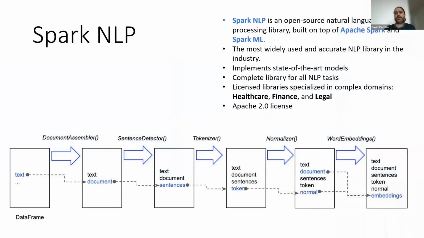So if you're not familiar, Spark NLP is an open source library. It's built on top of Apache Spark and Spark machine learning library. So it contains all the usual NLP tasks, and is the most widely used in the industry for NLP.